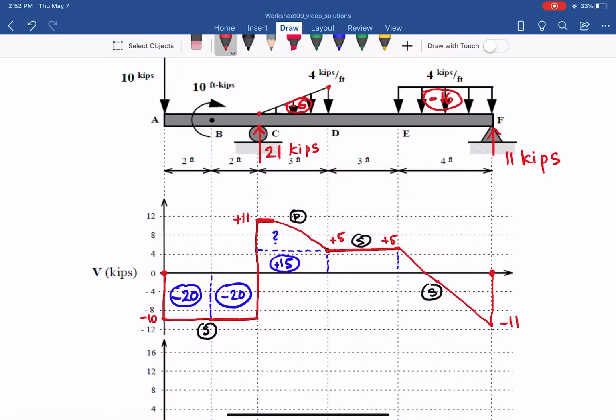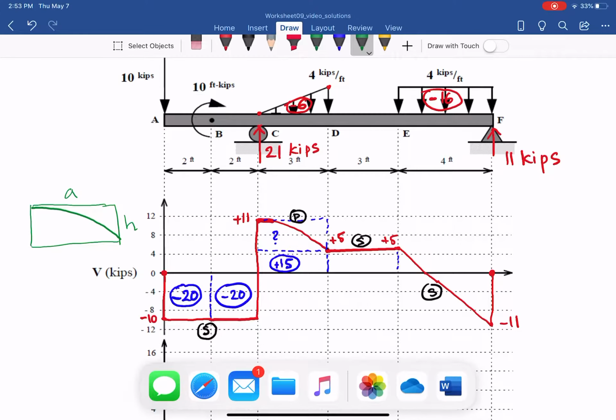The first area is this portion, and let me draw the parabola on the right side here. If I have a rectangle and a parabola, this is H, this is A, and in this case I put that as P.